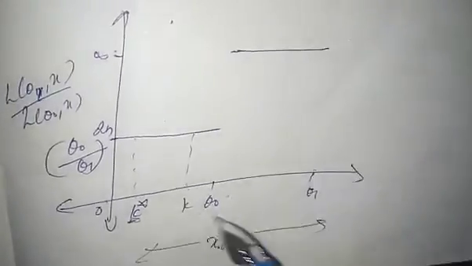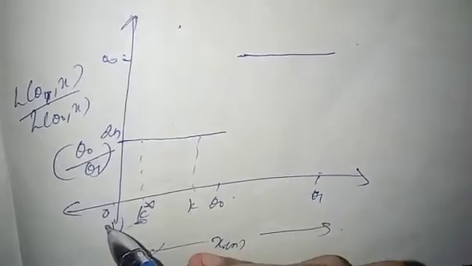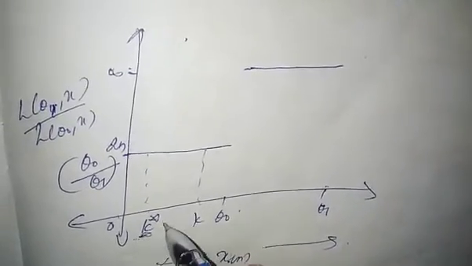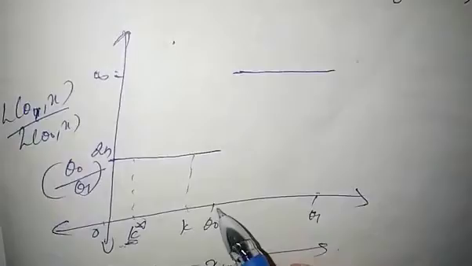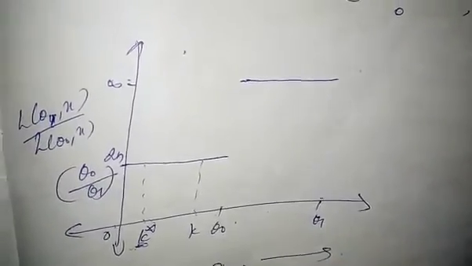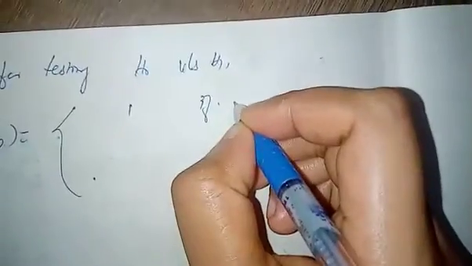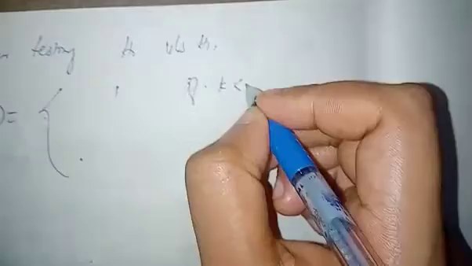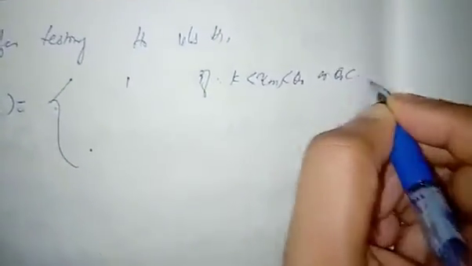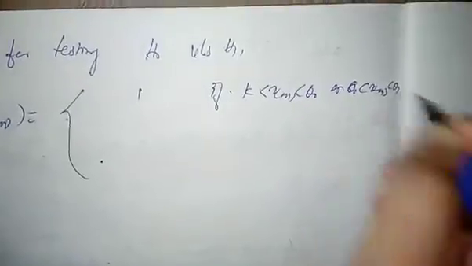The second test function has rejection region 0 < xn < k star, or theta naught < xn < theta 1. So the first is phi of xn equal to 1 if k < xn < theta naught or theta naught < xn < theta 1, 0 otherwise.